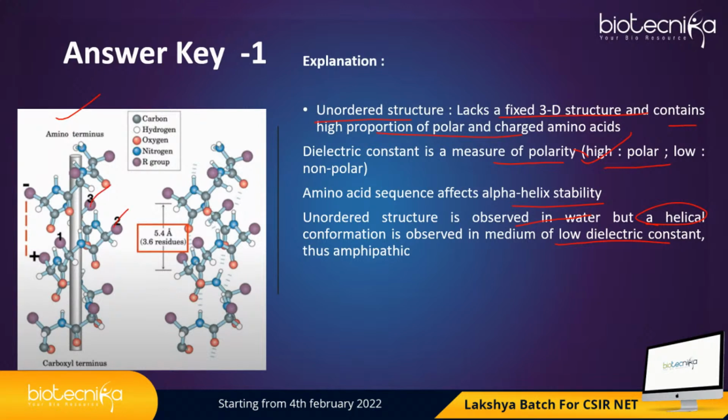As you can see here, the side chains are exposed outside in alpha helix, isn't it? So that means it is a correct statement. We can conclude that the protein is amphipathic, consisting of both polar and non-polar groups.